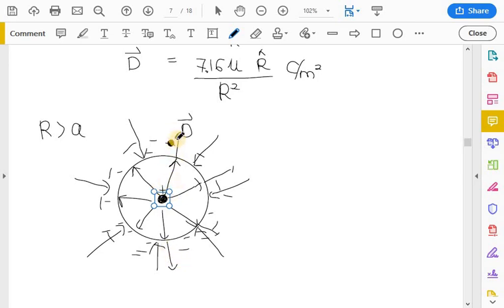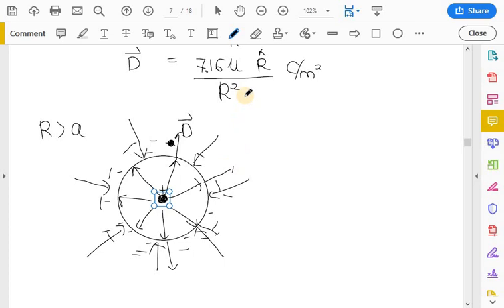Do you think this electric flux line can terminate somewhere else outside the sphere? No. These electric fields will stop at the surface of this spherical shell. Nothing goes outside, meaning that outside here depends fully on this spherical shell.